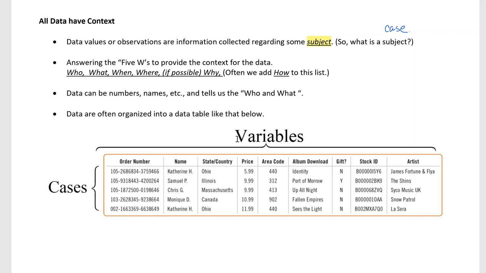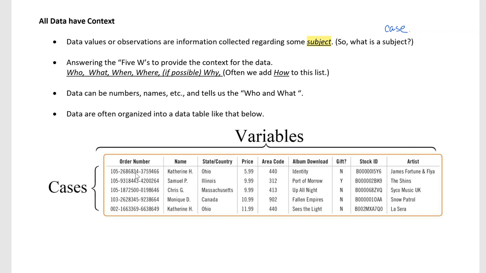We'll talk about what variables are next. So let's talk about cases, or what we call subjects. For each row, it will show you all the information about one case: the name of this order, the order number of this order, the state of this order, the price of this order, the area code of this order. So all the information is about one order.